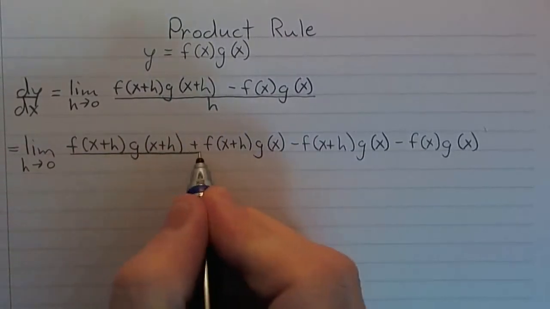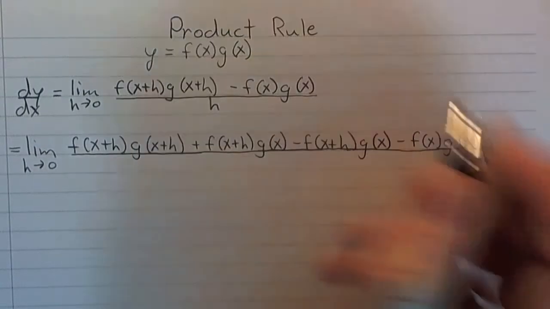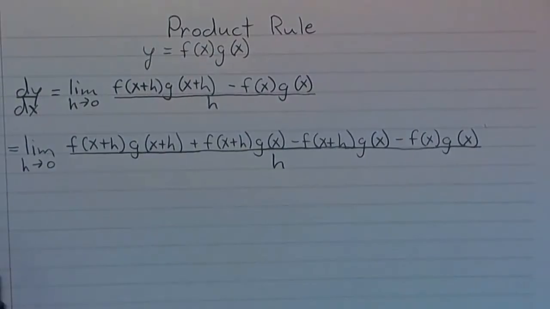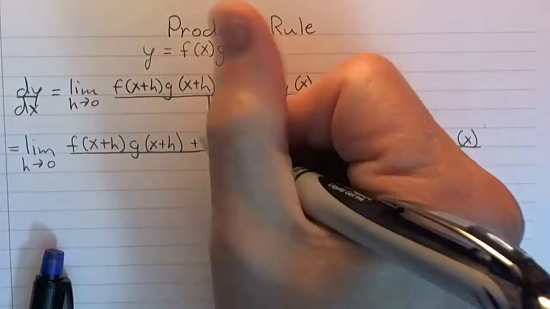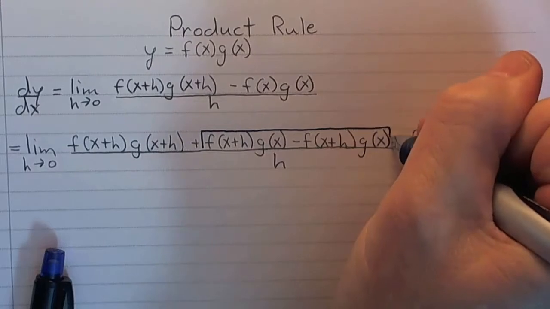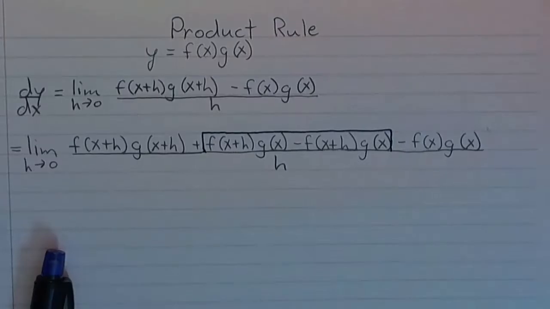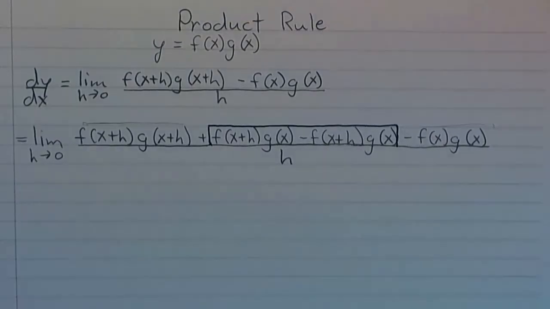So, let's see what we've got now. So the deal was, I did this little trick. I added and subtracted this part right here. And when you add it and then you subtract it off, really, it's just like you've added 0.